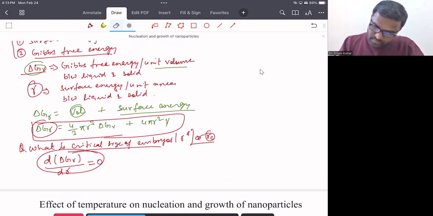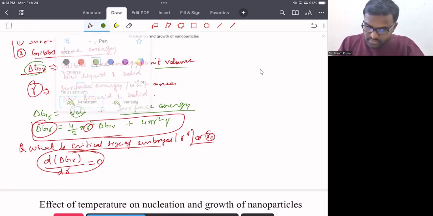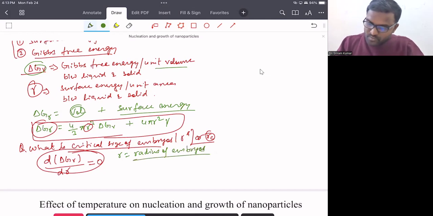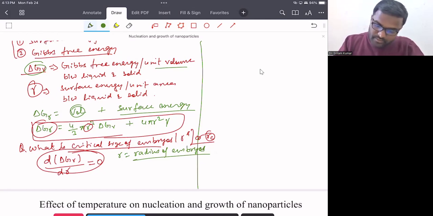In this particular equation, we have this R value, and this R is the radius of the embryos, right? Let me find out the critical size of R here.